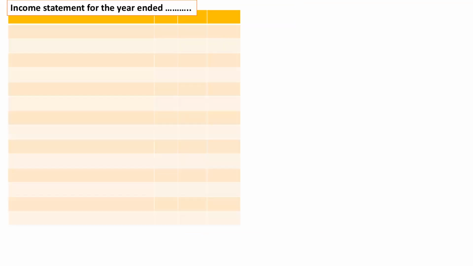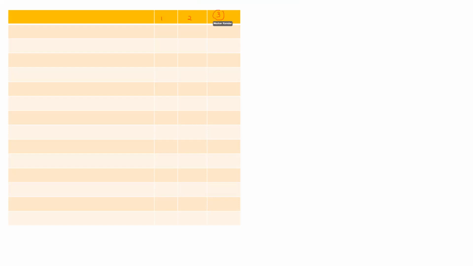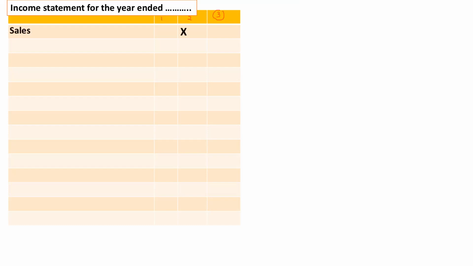So let us see. The income statement is always for a particular year, for the year ended. I'm making 3 columns. This would be my first column, this would be my second, and this would be the outermost column, or I could say the third column. It starts with sales. Sales are the goods that you are selling.